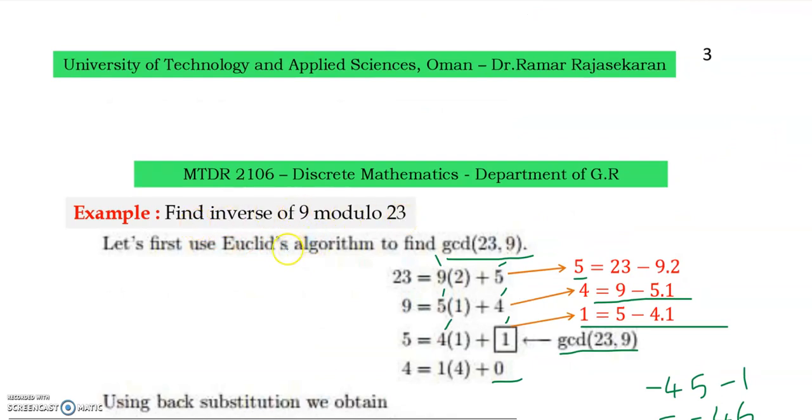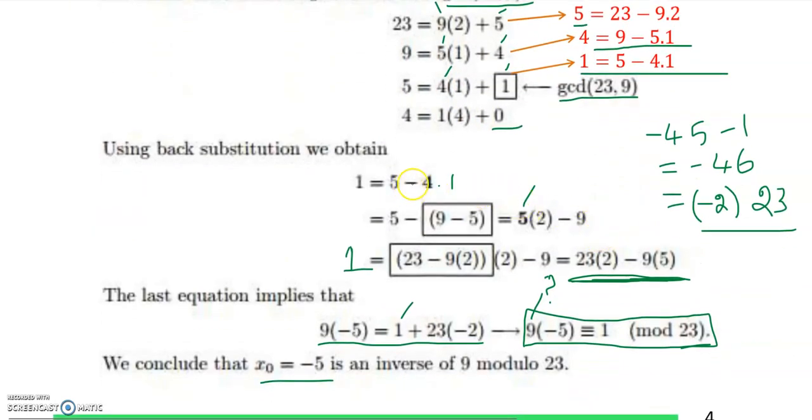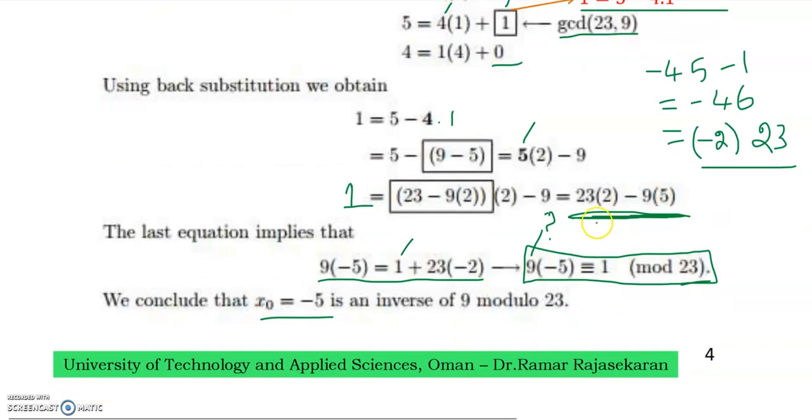First you apply the Euclidean algorithm, and then you write the remainders like this. Then by back substitution you can write the GCD as a linear combination of the two numbers. Finally, after writing this, I can write the congruence equation. It's very important that the GCD is 1.